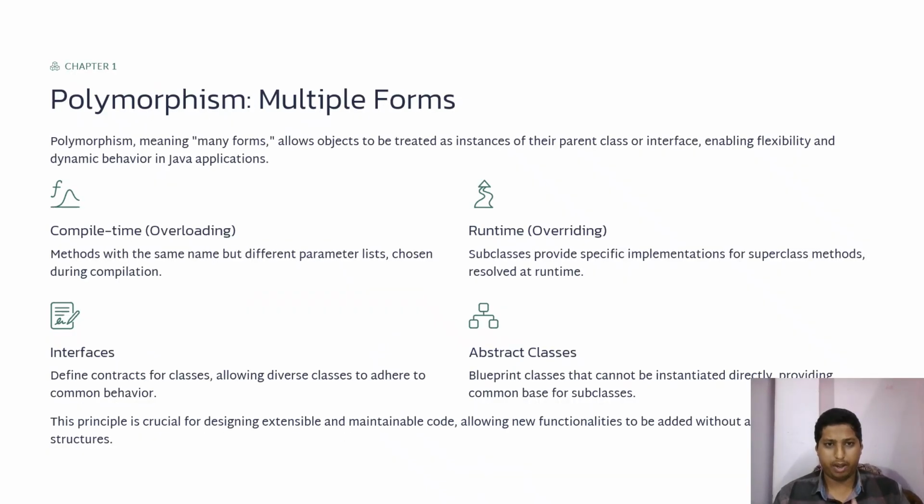Now about polymorphism. Polymorphism allows the objects to be treated as instances of their parent class. In polymorphism, there is overloading. Overloading is nothing but methods of the same name but different parameter lists. A different number of parameters, or the choosing of different data types of a parameter, can be considered overloading.